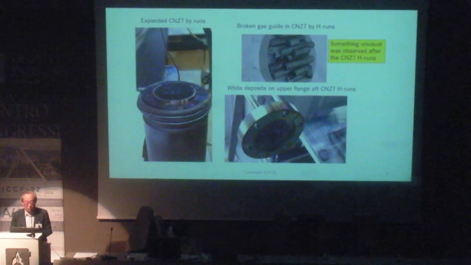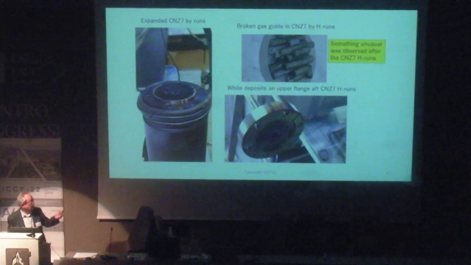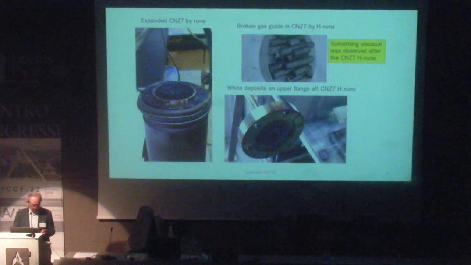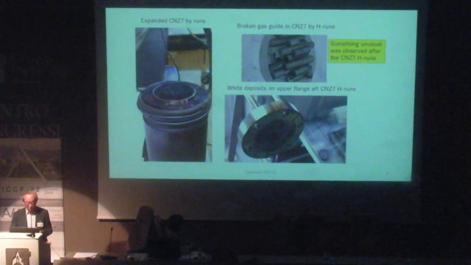However, after disassembling the reaction chamber, we found the sample was expanded very much and stuck, become very hard. And also the ceramics gas guide we inserted was almost broken, as seen around here, and the upper flange has some deposit, as Iwamura found.